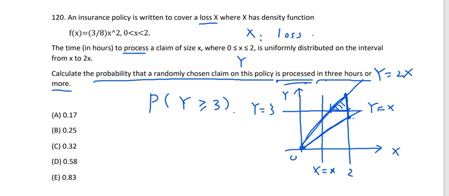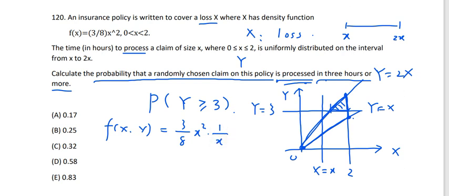So here we need to find the joint density function, f(x,y). The same way, f(x,y) equals the marginal density function multiplied by the conditional density function. The conditional density is uniform from x to 2x, so the constant is 1 over x.